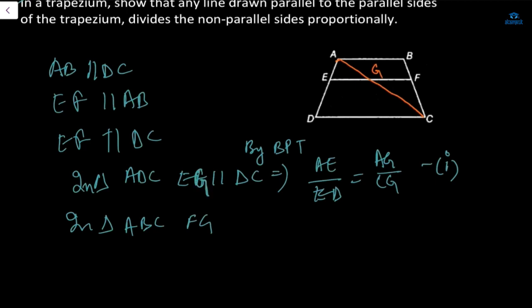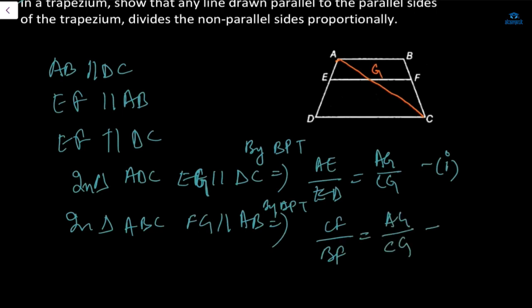So by BPT, CF upon FB is equal to CG upon GA. I had written AG upon CG, so I have to write it here also: AG upon GC equals BF upon FC. Or if you have written CF upon FB equals CG upon GA, you can reciprocal it. After reciprocaling, you will get the same thing.